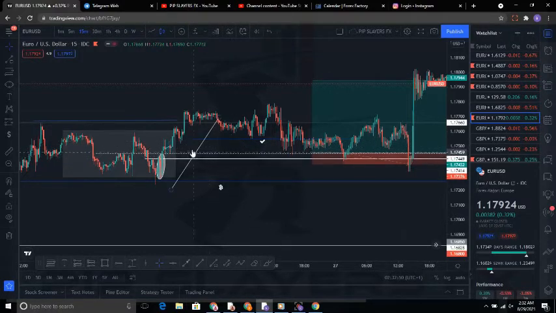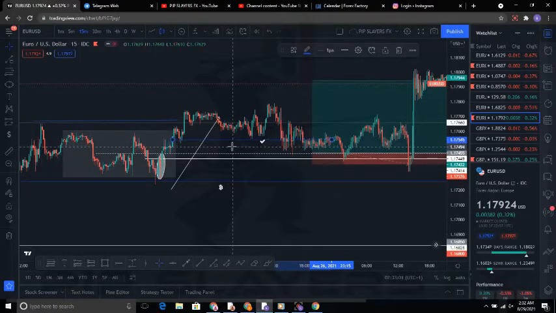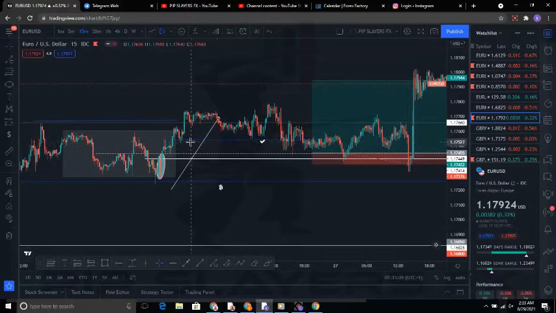We have this low here, and this low here. The smart money aims at manipulating and taking out liquidity at all these points.